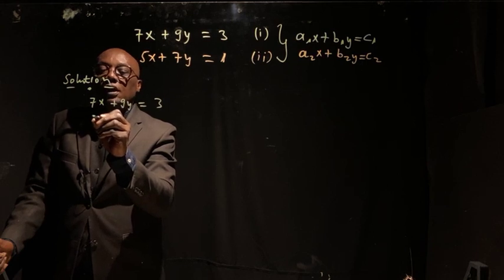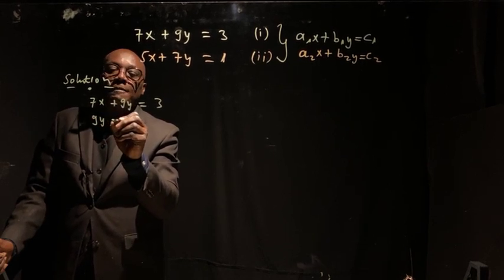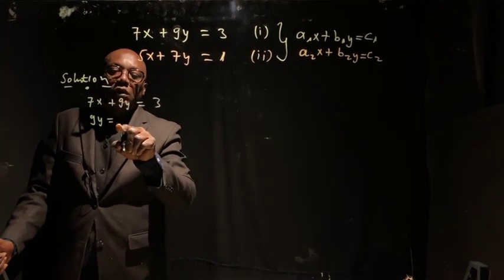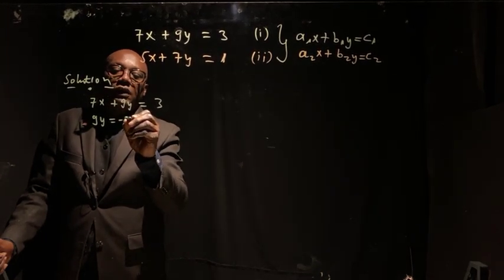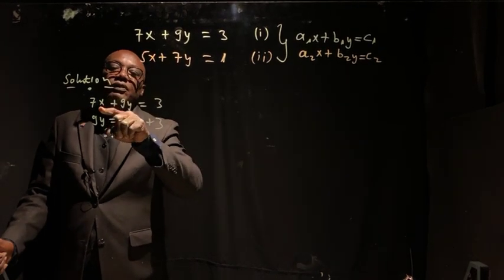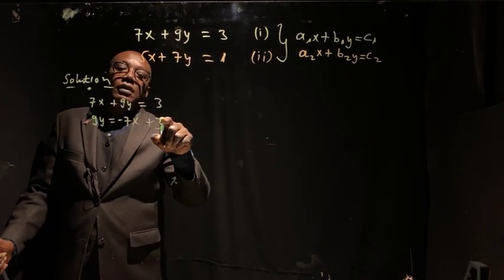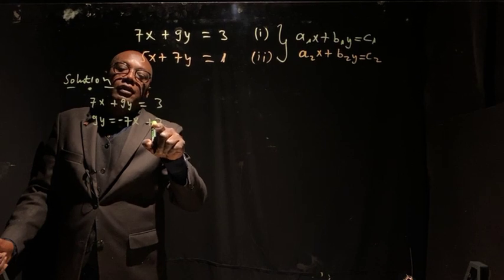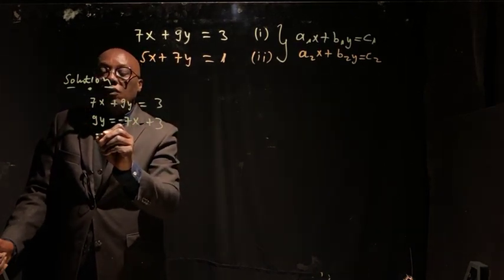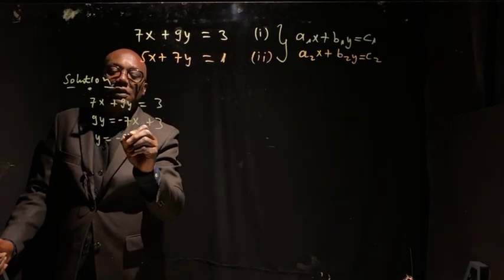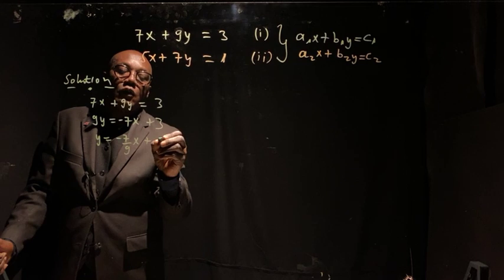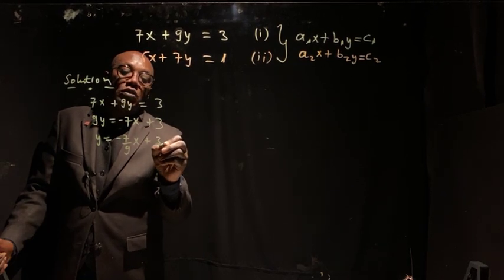So in that case, we have systematically now 9y equals to 3 minus 7x, because 7x has traveled from this side to this side, while 3 remains there. So then the next one we have y equal minus 7 over 9x plus 3 over 9.